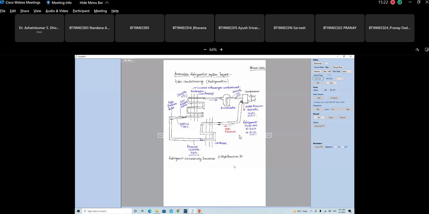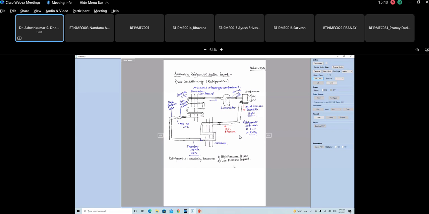high pressure liquid, then it becomes low pressure liquid.